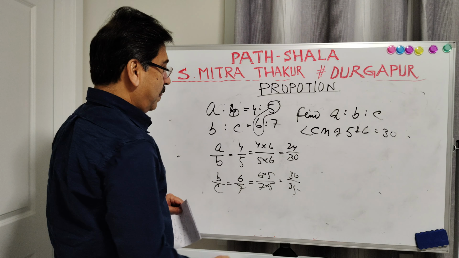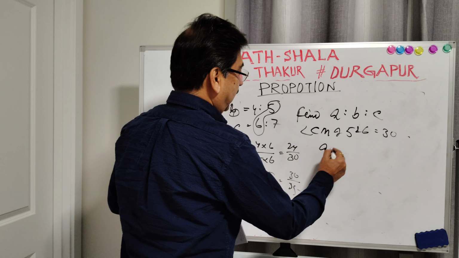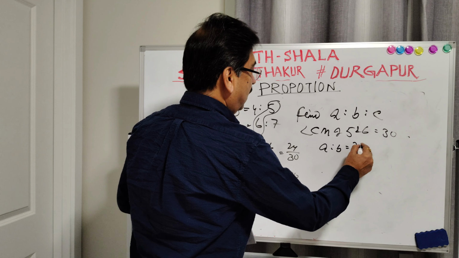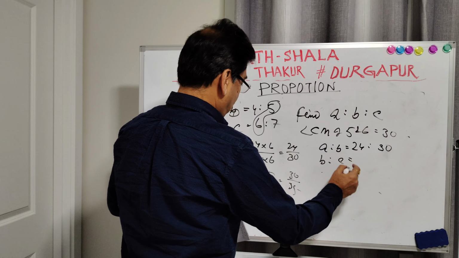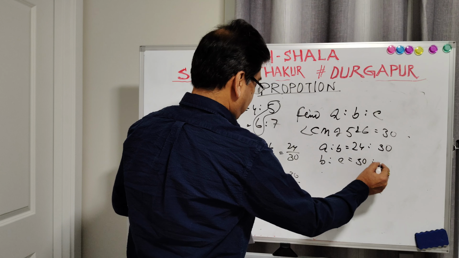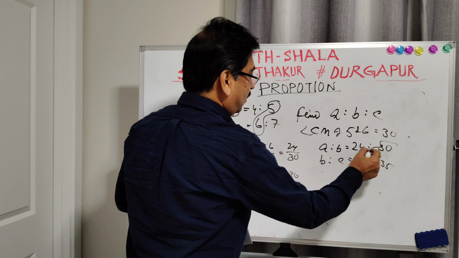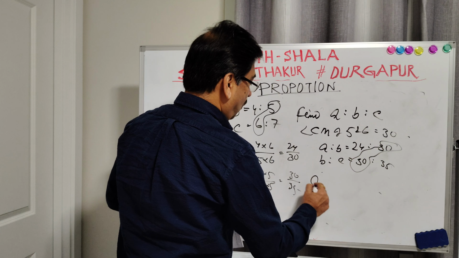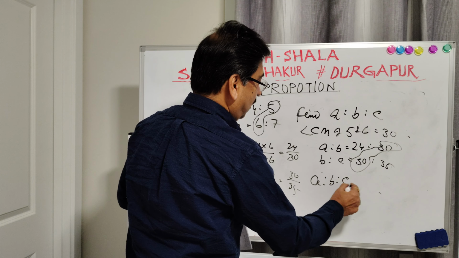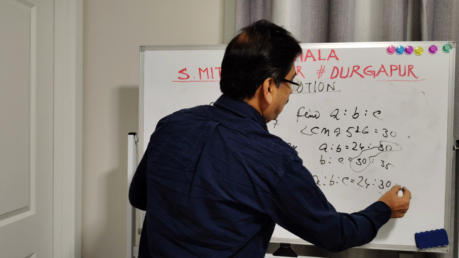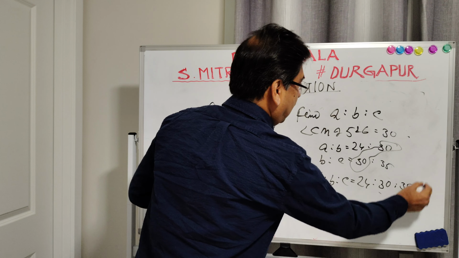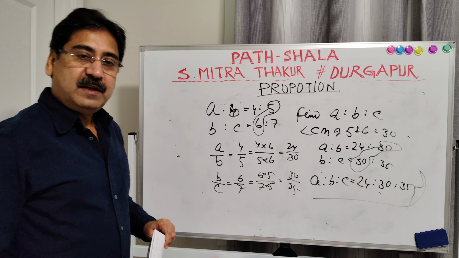So 30 is the common, right? So A is to B now is equal to 24 is to 30, and B is to C is equal to 30 is to 35. So this 30 is the same. Now A is to B is to C will be 24 is to 30 is to 35. That is the answer, right?